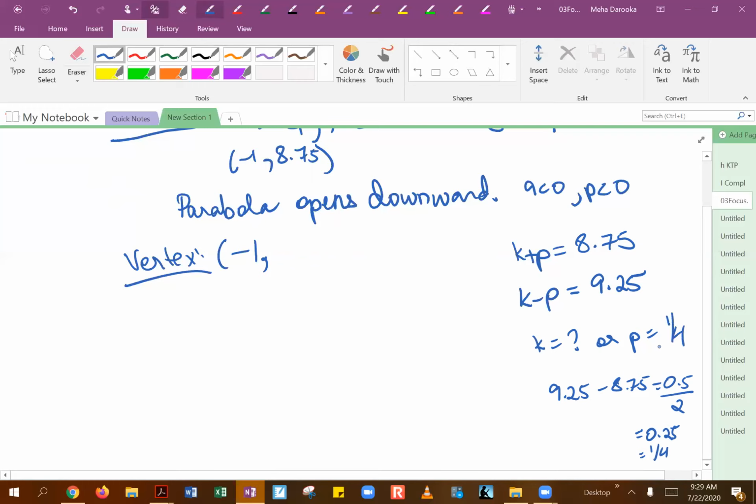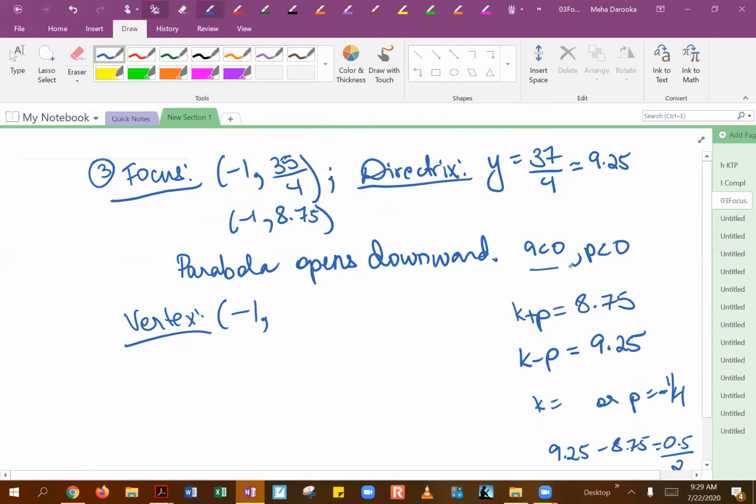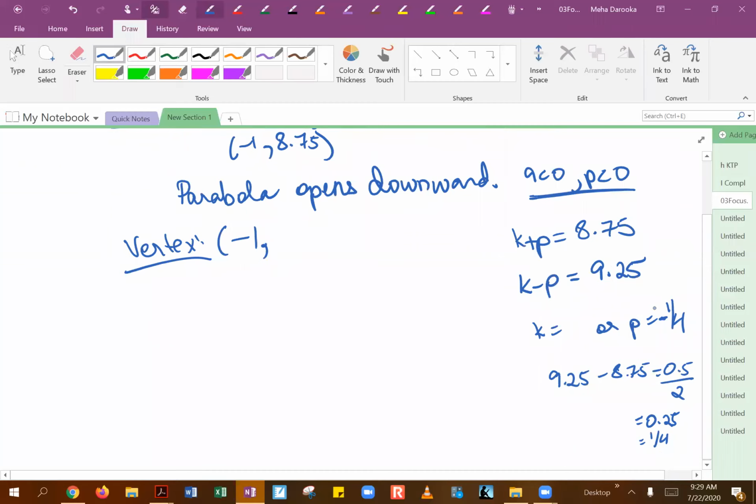So your p-value is going to be 1/4. Sorry, it will be negative 1/4 because we did say our parabola is opening downward. So p is going to be a negative value. So your p is going to be negative 1/4.